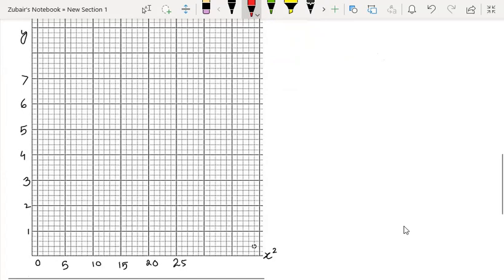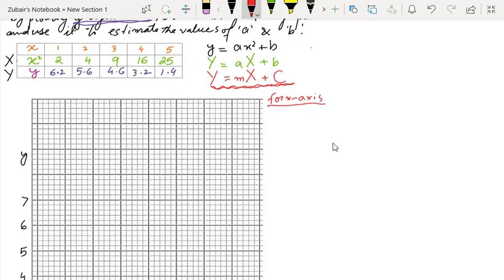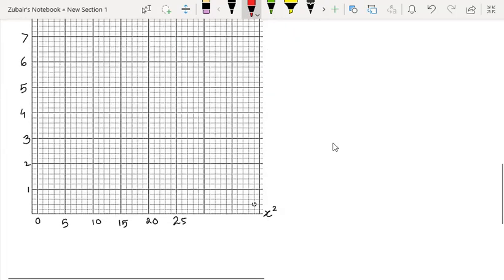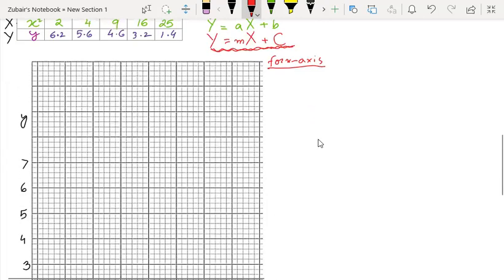Yes, everything is okay. So now the thing is how to show these decimal values. Here for the x-axis we will consider small blocks. How many small blocks? 5 small blocks are showing 5 units.